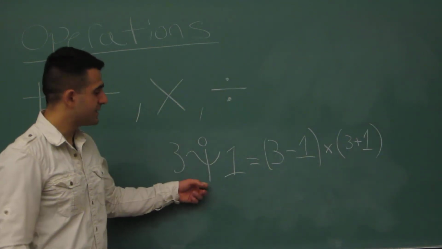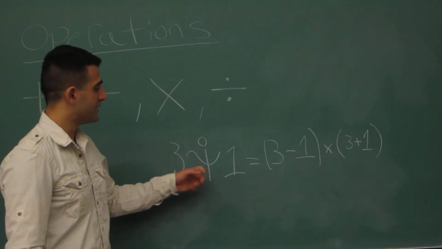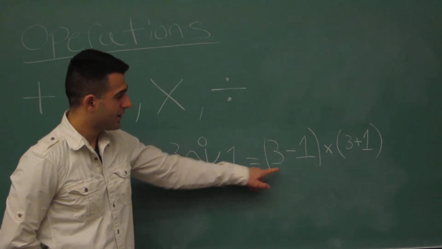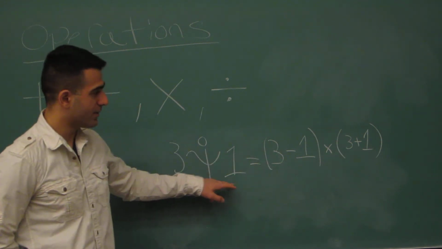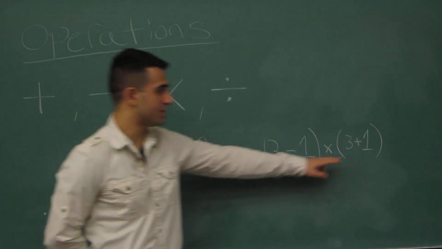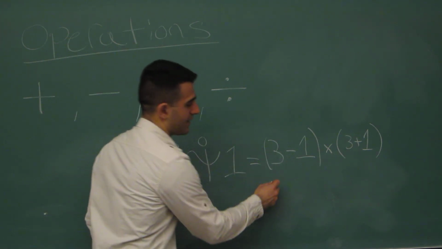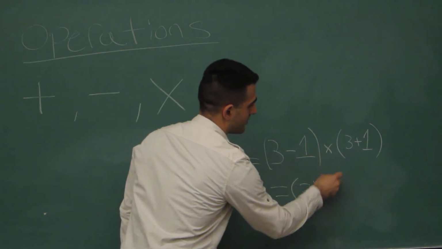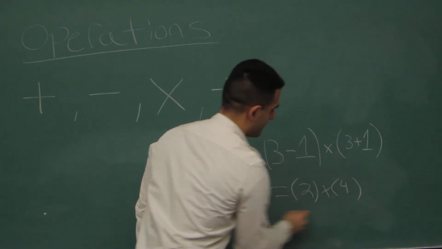So 3 fancy I 1, this operation means the following. You take the first number, you subtract the second number, and then you multiply by the sum of the two numbers, which is given here. And then you can evaluate it if you want. This would be 2, this would be multiplied by 4. So the final answer would be 8.